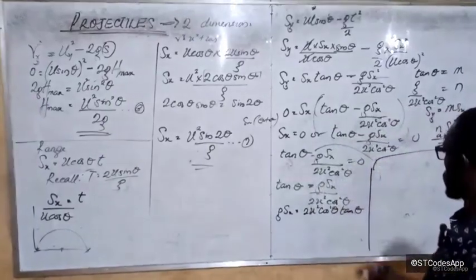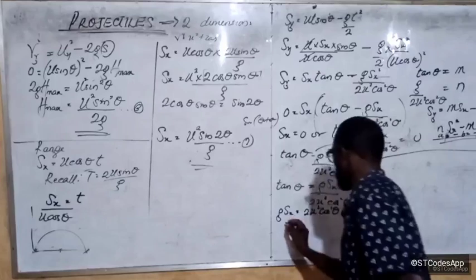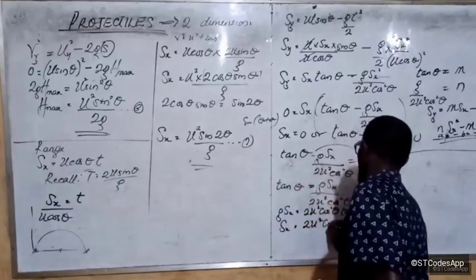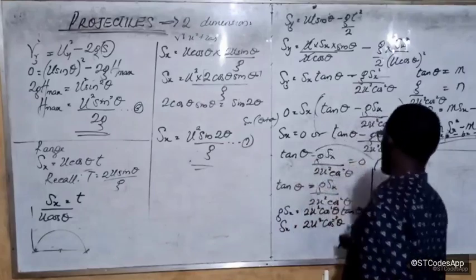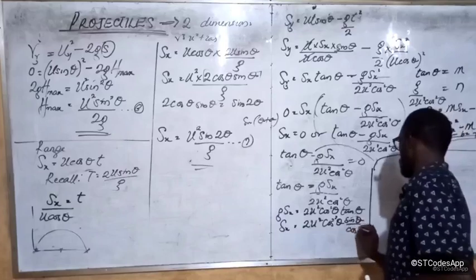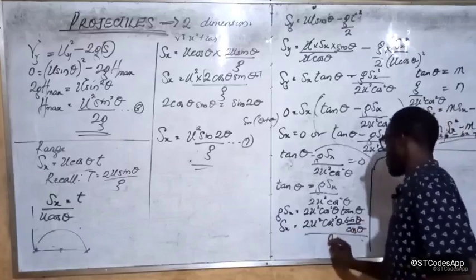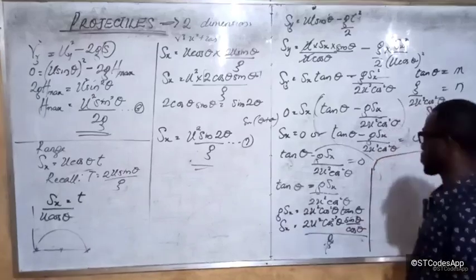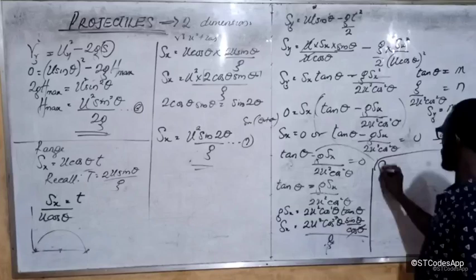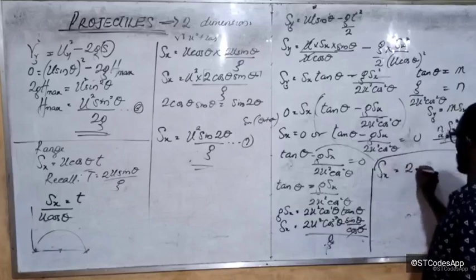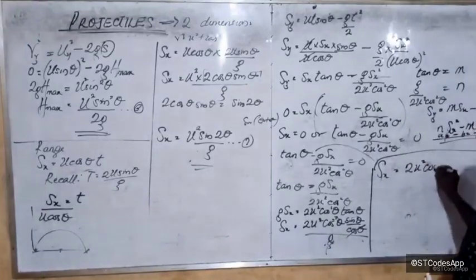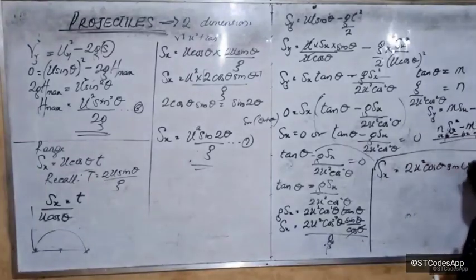So what does this give us? S of x is equal to 2u squared cos squared theta, remembering that tan theta is equal to sine theta over cos theta, all over g. We divide both sides by g, so g leaves there, and cos takes care of one of the cos. And then we have S sub x equal to 2u squared cos theta sine theta over g.